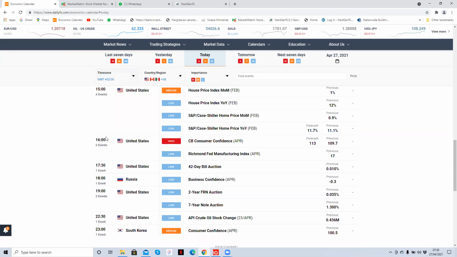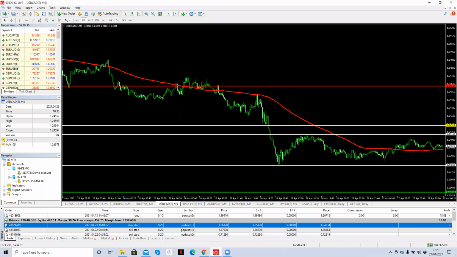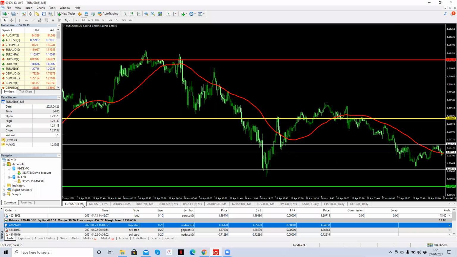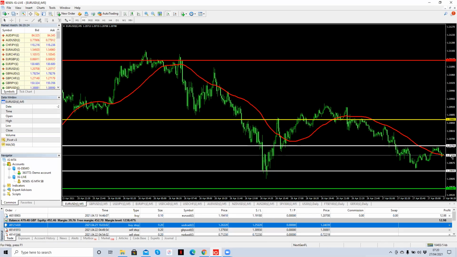Then just a quick question. Yesterday was quite an interesting day because the market was consistently trending downwards. At one point there weren't any sell opportunities because it had gone out of S2.